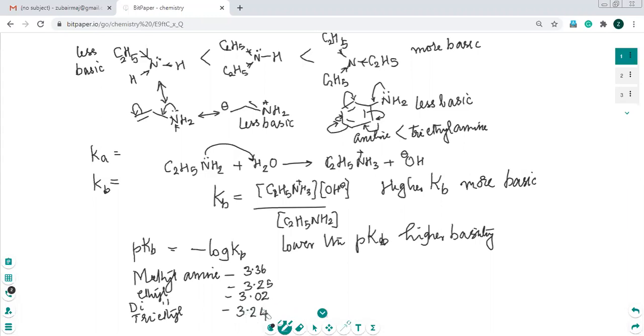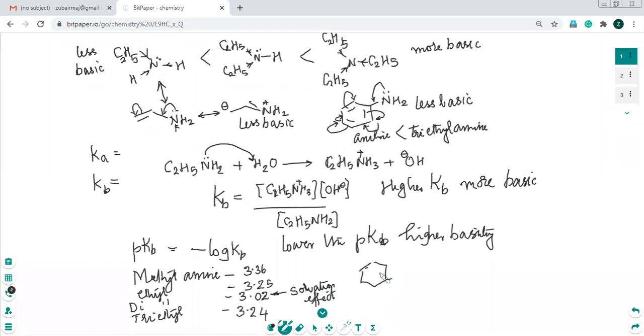Actually you expect this to be more basic, but here you can see this one is lower, that is an exception because of the solvation effect. We expect triethylamine to be more basic than diethylamine, but it is not the case because of the solvation effect.